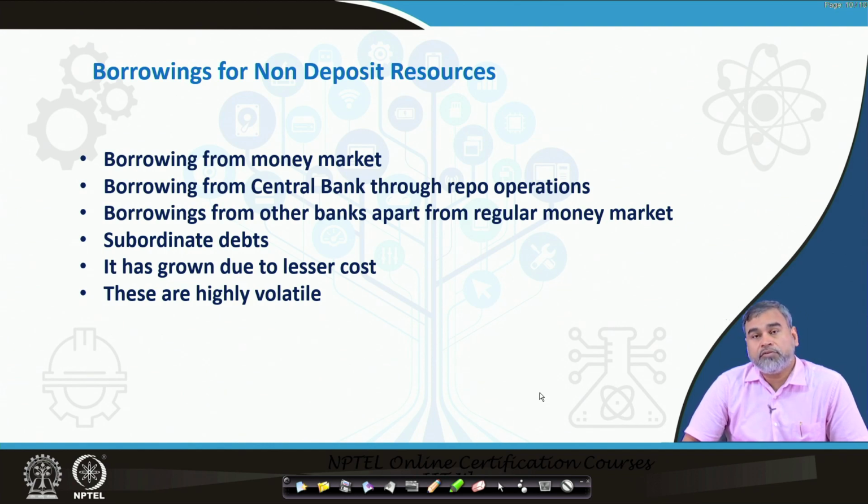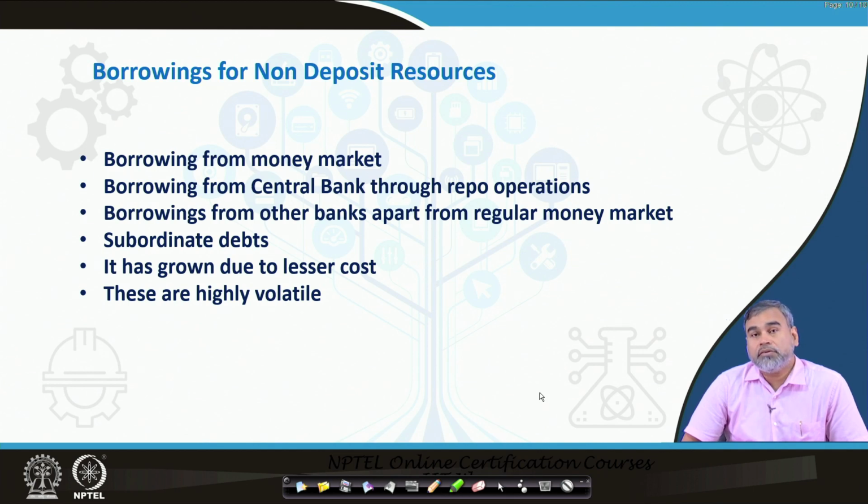Because of the availability of different kinds of alternative sources, and for this we can give the credit to globalization or financial market integration. Because of that, availability has increased, and it is easier for commercial banks to borrow money at a lesser cost.